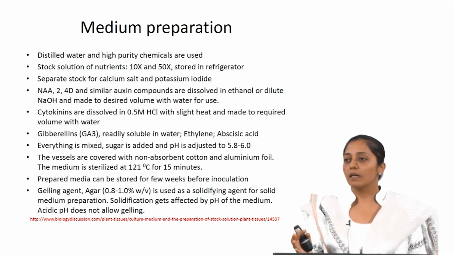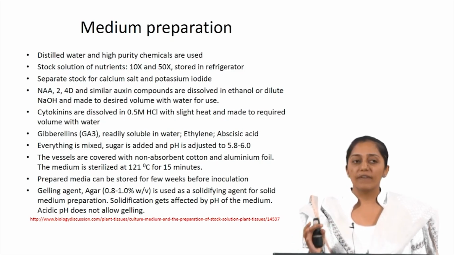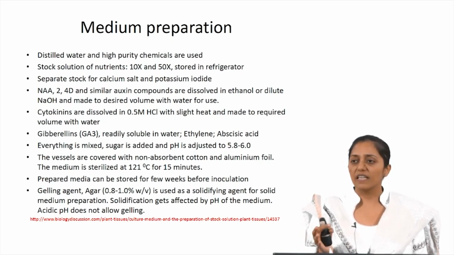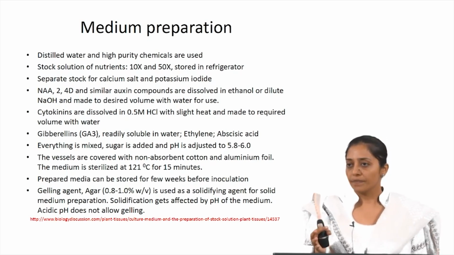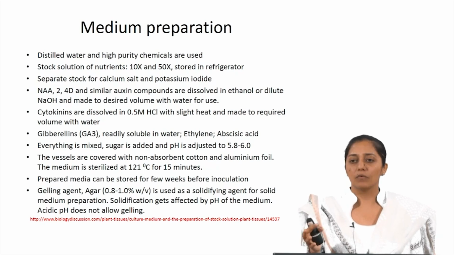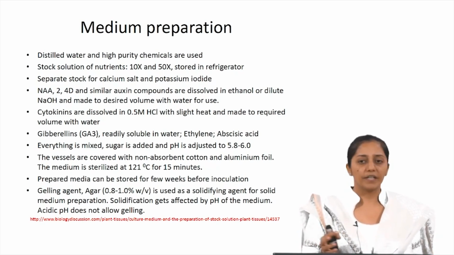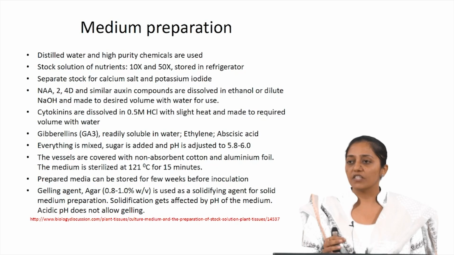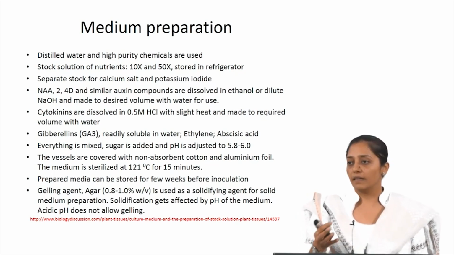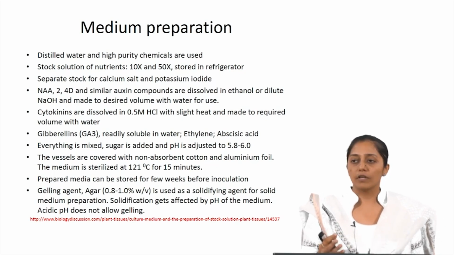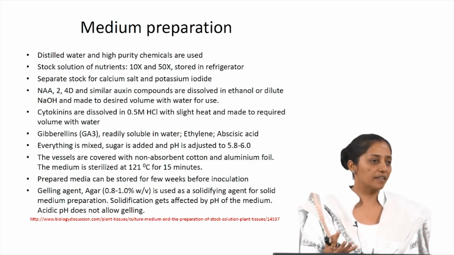Now, in general, plants grow well in a slightly acidic pH, which is around 5.8 to 6. The initial pH of the media should be maintained after autoclaving, because during autoclaving the pH can get disturbed.